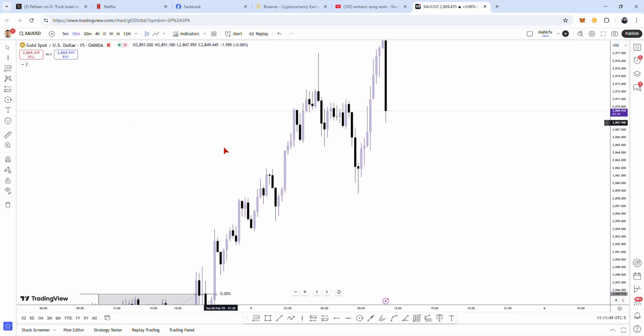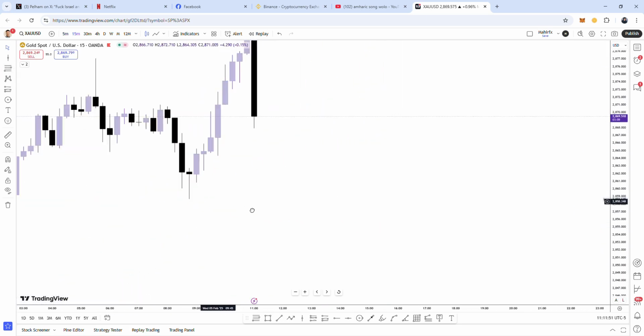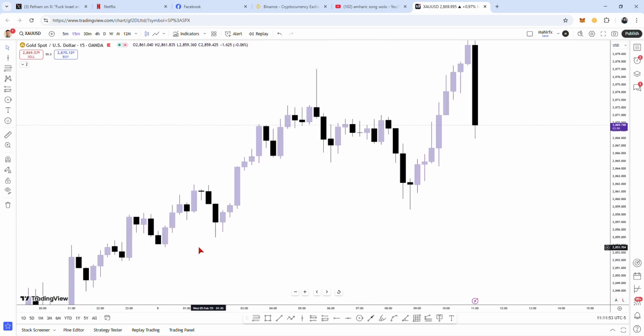So for that, I'm going to mark the swing low, which is here. This low makes this high, right? So this low causes this high, so I'm going to mark it here. This is the swing low. Next, I'm going to look for the swing high here.